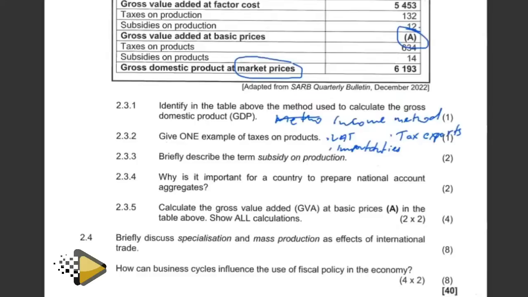So now moving on to the next question, 2.3.2 reads as follows. Briefly describe the term subsidy on production.